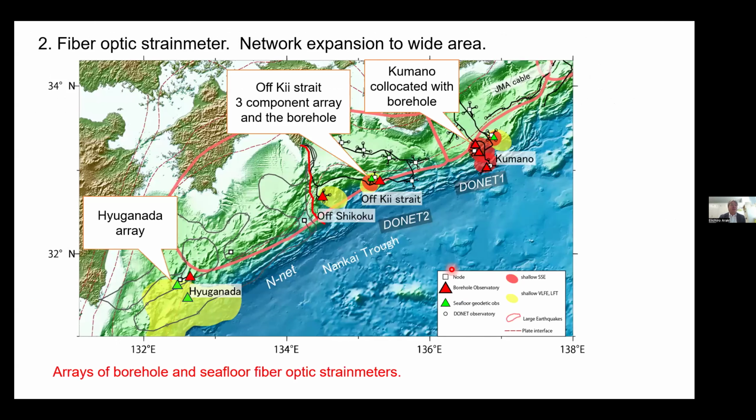Therefore, we are currently working on deploying an array of fiber optic strain observations in the Nankai Trough. This includes a 3-component array at Kii Channel, as well as a single component strainmeter in the Kumano region, collocated with an existing borehole. Additionally, we are preparing for the deployment of another array in the Hyuganada area later this year.